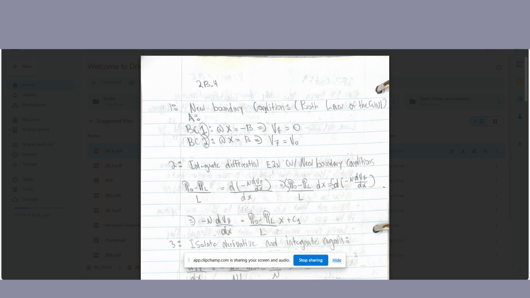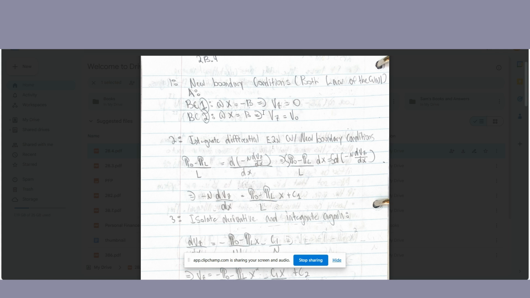Two boundary conditions: at x equals negative b, vz equals 0, because obviously that wall is still not moving, and at x equals b, vz equals v0. So I guess you only need to do these two boundary conditions. You don't need the derivative boundary condition, because one of the walls is moving and the other one is not.